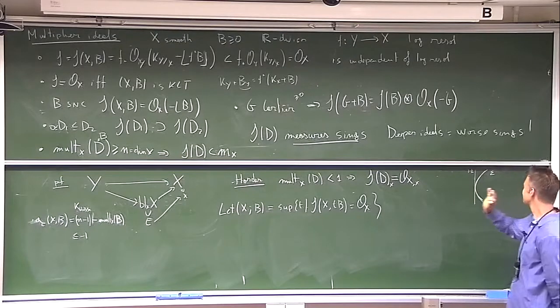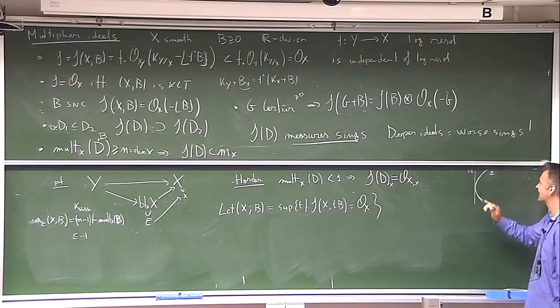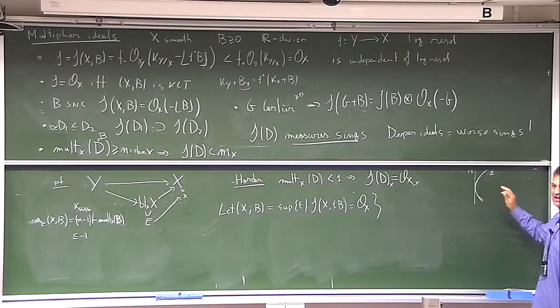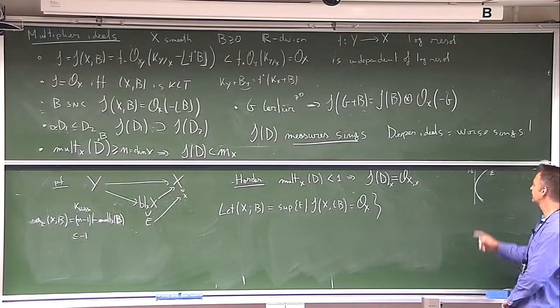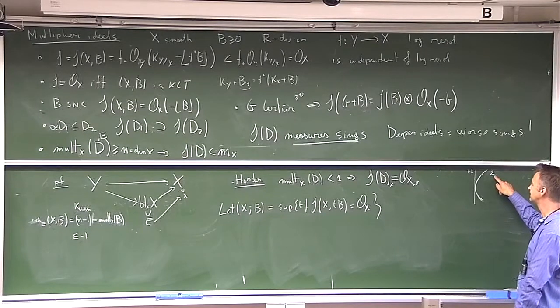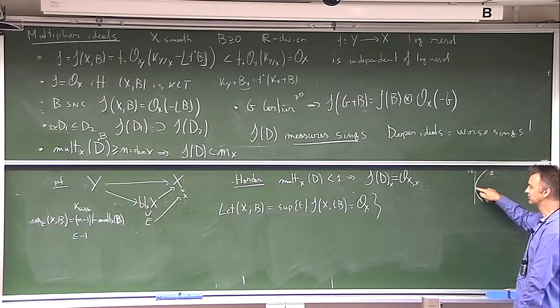So it's most likely true, but I understand exactly what you're saying with this example. So in this case, as long as the multiplicity is smaller than 1, the multiplier ideal does not reflect the singularity. I think what you're going to need to do with this is really add sort of epsilon times the multiplicity at that point.